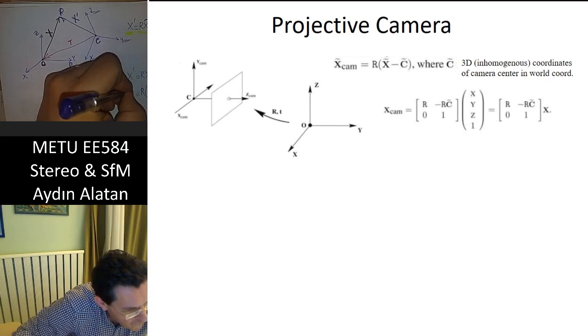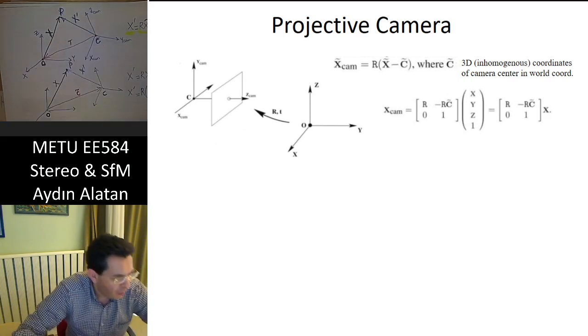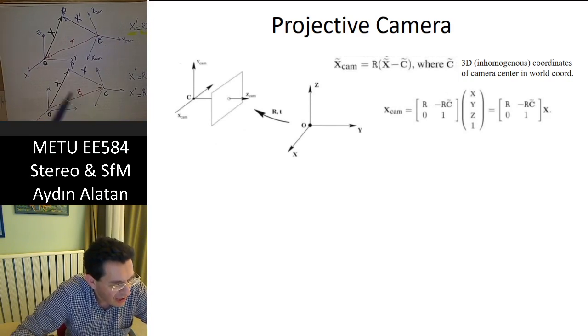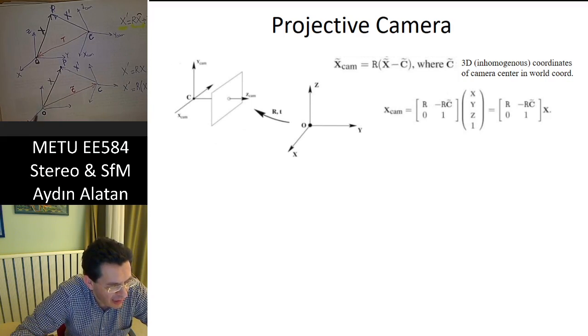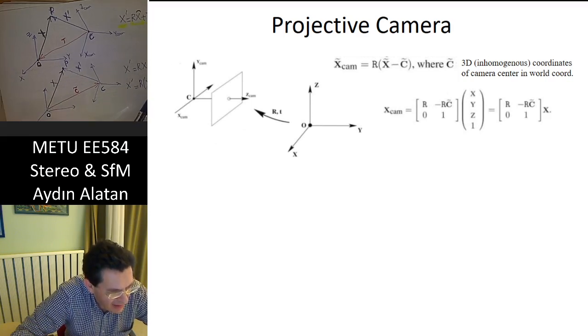therefore x minus c tilde, which is nothing but a vector with respect to the world coordinate system. This x minus c, both of them are in the world coordinate system. You can subtract them.